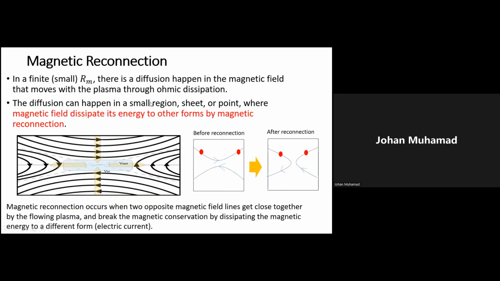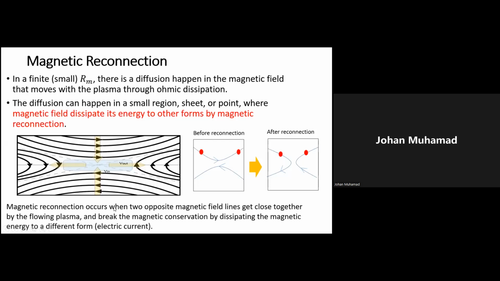But because there's diffusion, that's not the case anymore, because the diffusion can happen in a small region, sheet or point, where the magnetic field dissipates its energy to other forms by magnetic reconnection.